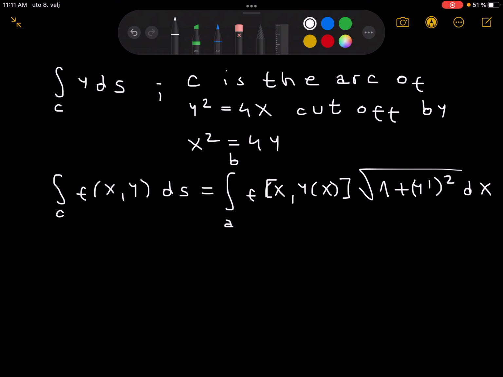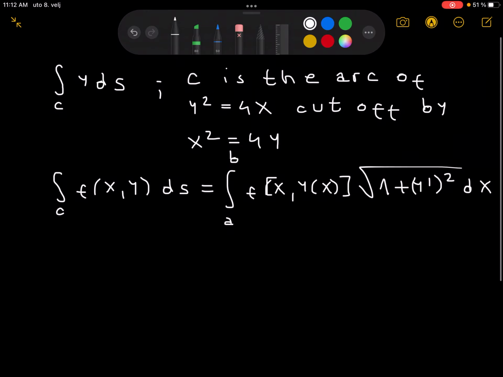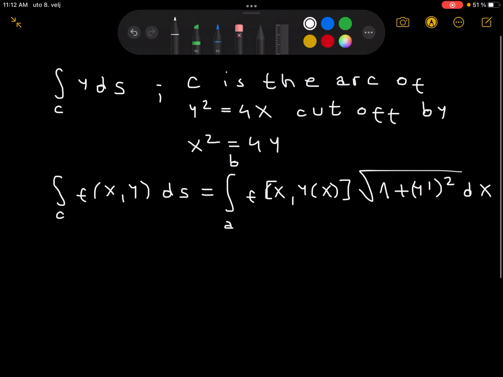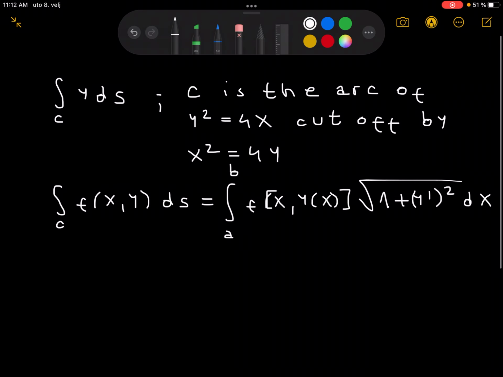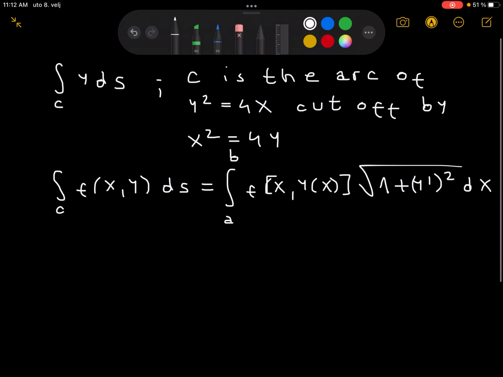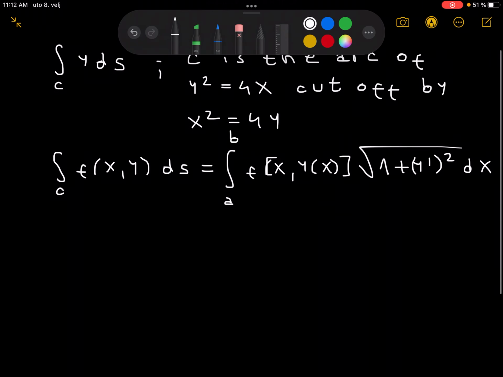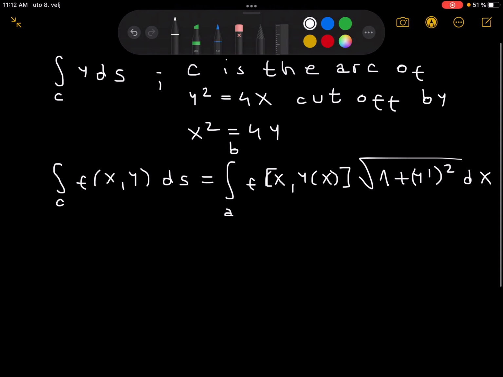Okay, so with that in mind, the best way to show you how to do these problems is to do them ourselves. So first we want to find our limits of integration. Let's find the intersection points between these two parabolas.